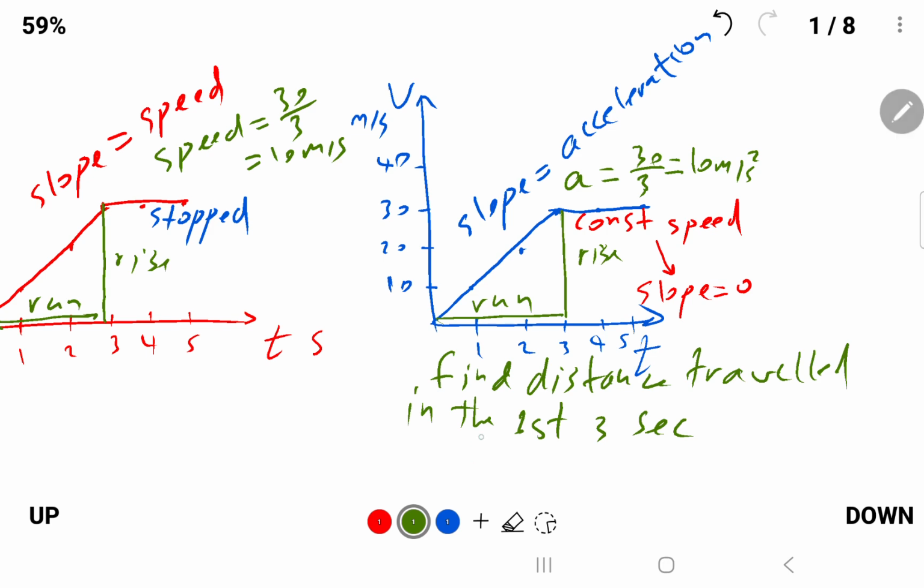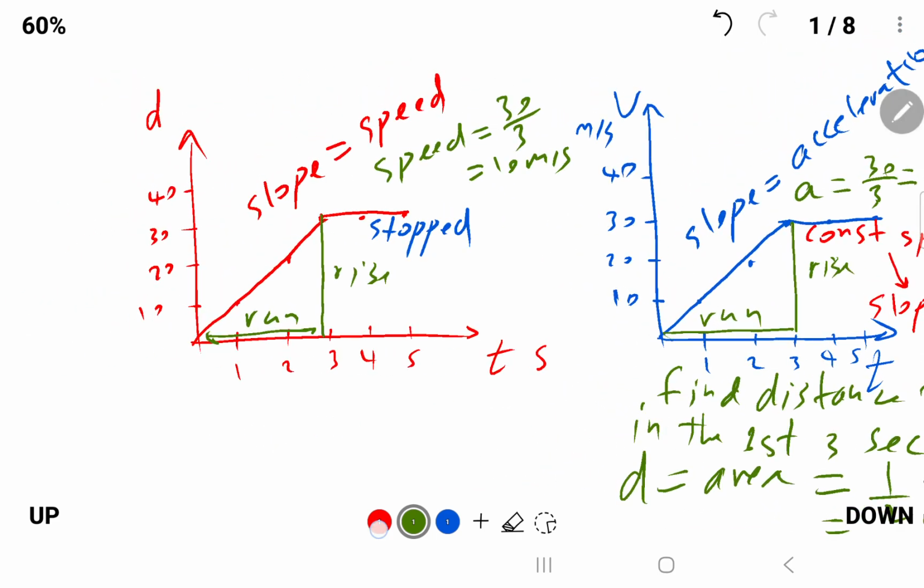So distance is equal to area. To find the area here, we do area of triangle, which is half times base times height, which is 30. So like this, we got 90 divided by 2, 45 meters. That is the distance traveled in the first 3 seconds.